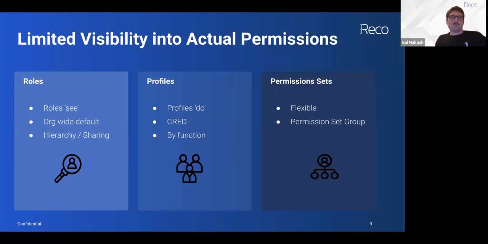But not only profiles, roles also play a critical role indeed, and they establish a hierarchy that enhances data visibility, allowing users to view records based on their position in the organization. This hierarchy aligns with the org-wide default setting. And it's important to remember that the most restrictive setting is the starting point. From there, access can be expanded as needed.